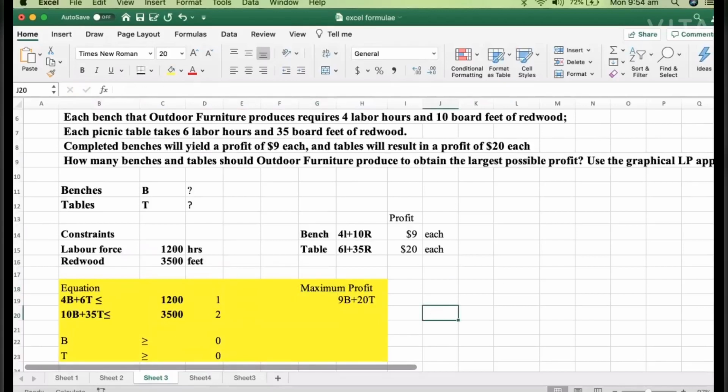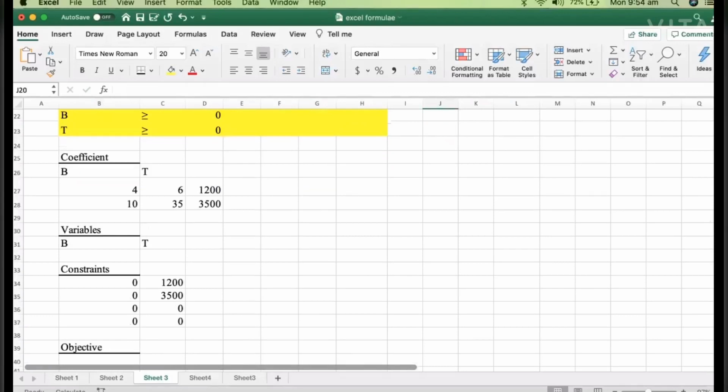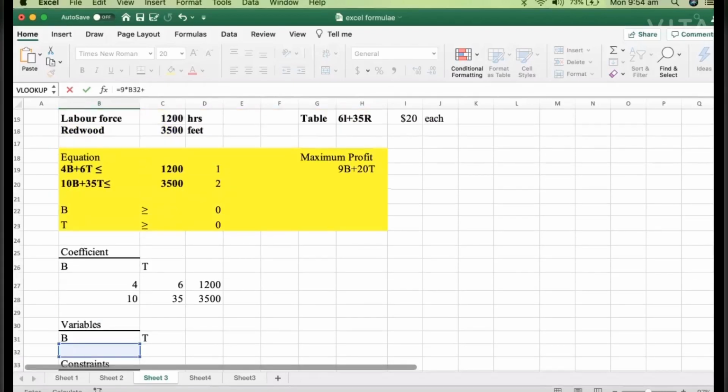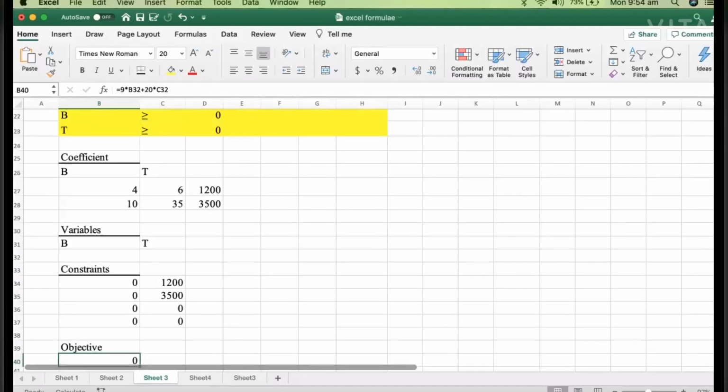So for maximum profit, my equation is 9B plus 20T. 9 into B means benches, plus 20 into T, T meaning tables. So that is my objective, for which I have to find out my values.